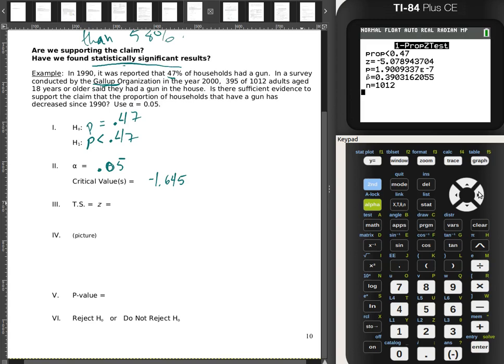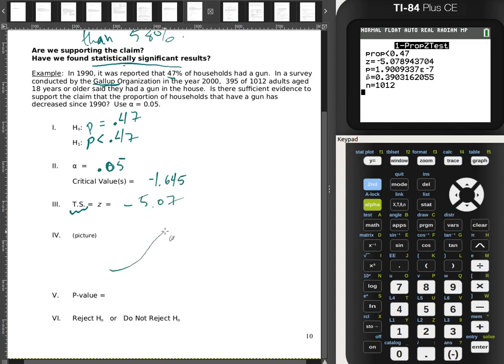So now we can see that our test statistic, which is a tongue twister trying to say that one, that's what the TS stands for, of course, is test statistic. And Z for our case, our test statistic is negative 5.07.